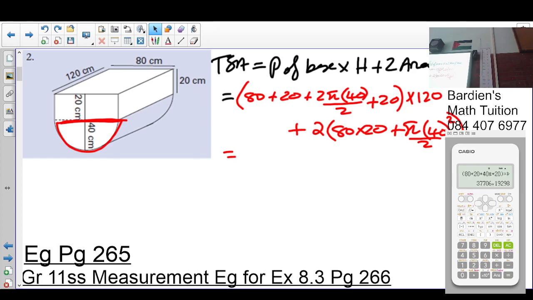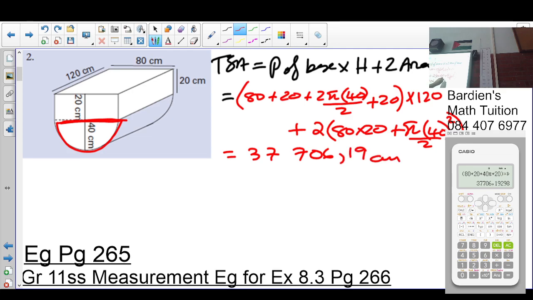How far is that from the answer? 37,706.19. It's correct. So 37,706.19 centimeters squared.